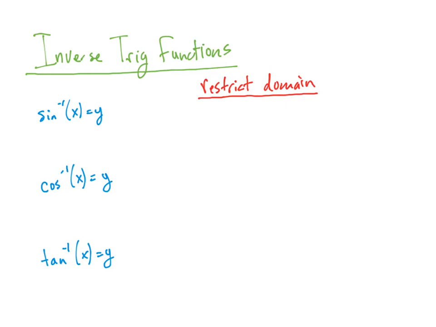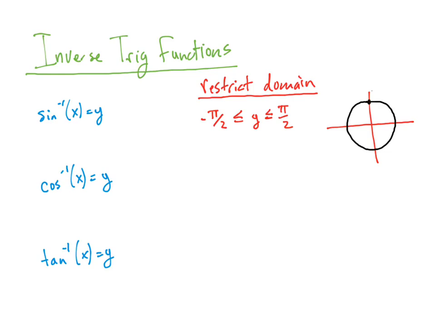So for the inverse sine of x, we restrict the output values y to be between negative pi over 2 and pi over 2. You can think of this graphically, if we're thinking about the unit circle, which is a circle with a radius of 1.